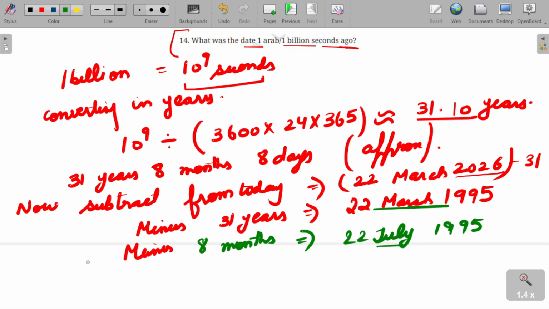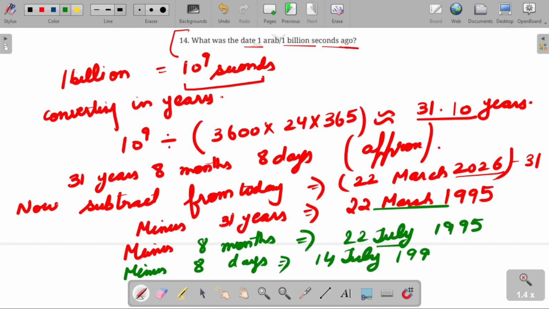Okay. Now minus 8 days. So 22 minus 8. It will be 14. 14 July 1990. Here I want to correct it that when we subtract the 8 months, the year will be 94, right?